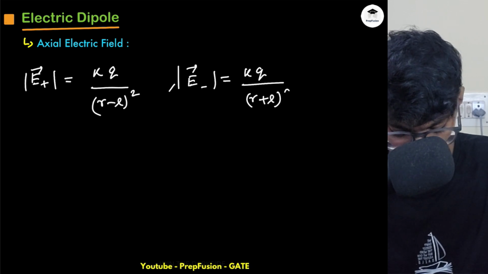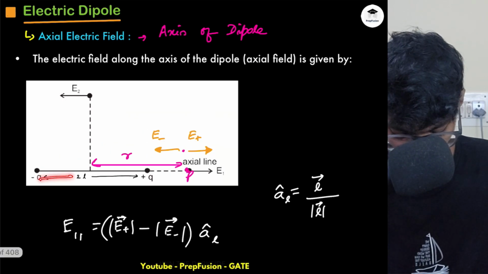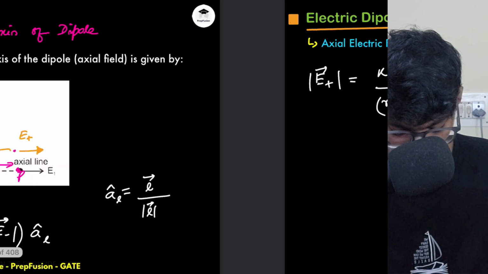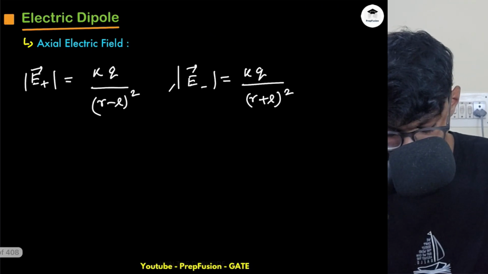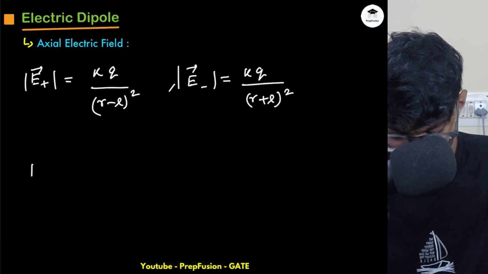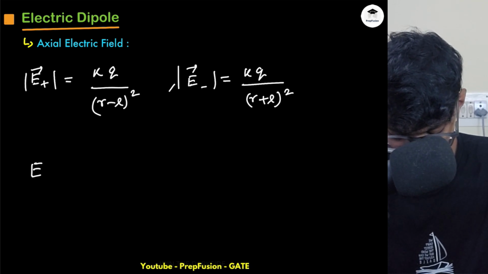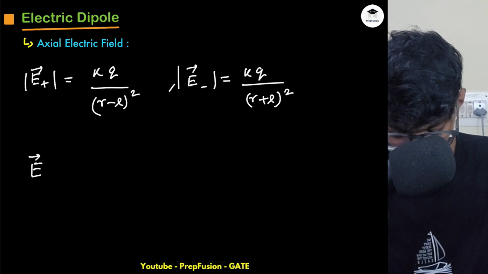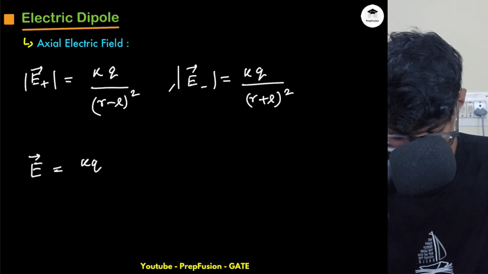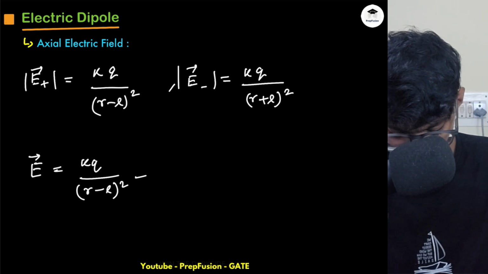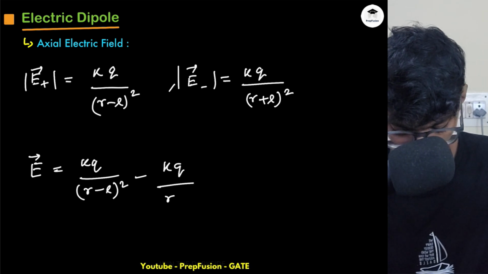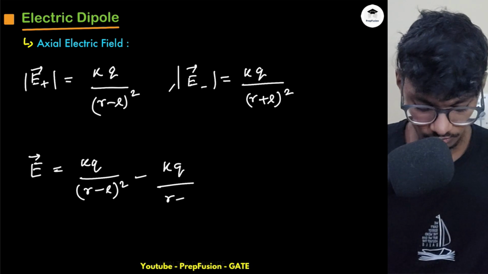If you observe carefully, this extra L, and obviously this total distance is r. So overall, my electric field will be kq by r minus L whole square minus kq by r plus L whole square.